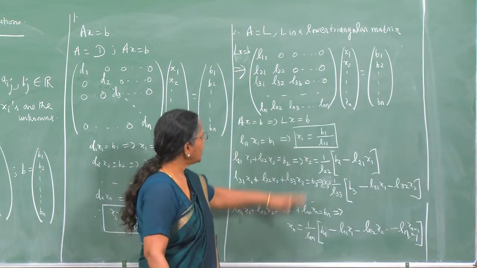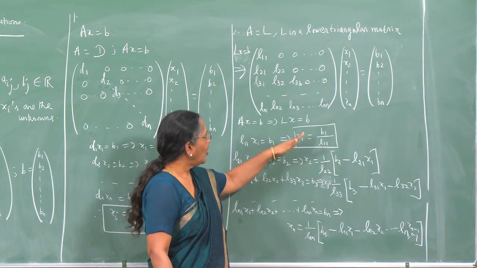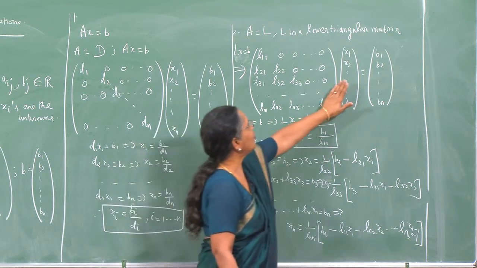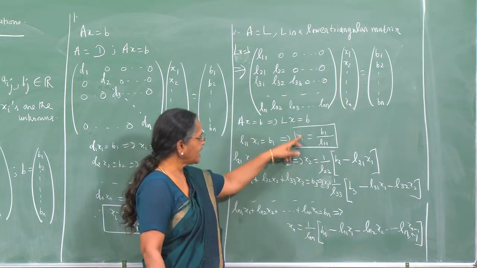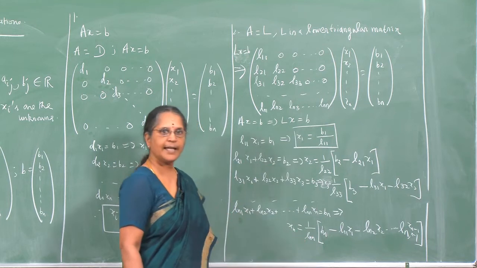So, you have computed all the components of the unknown vector x, namely x1, x2, etc., xn.